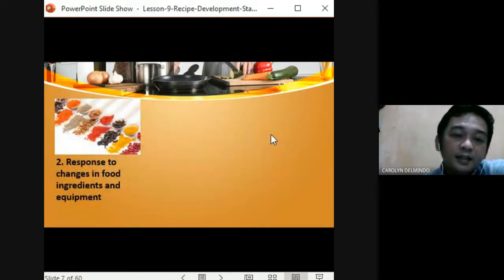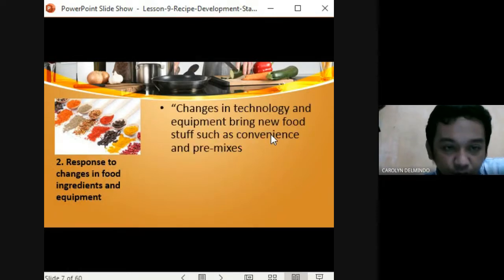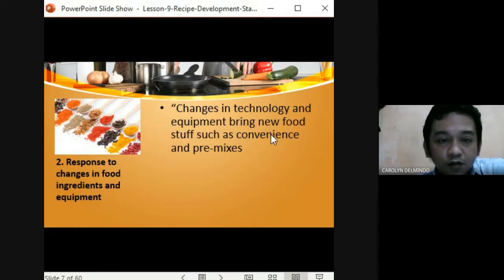With that. The second one is response to changes in food ingredients and equipment. So, when you say response to changes in food ingredients, changes in technology and equipment bring new foodstuff such as convenience foods and premixes.